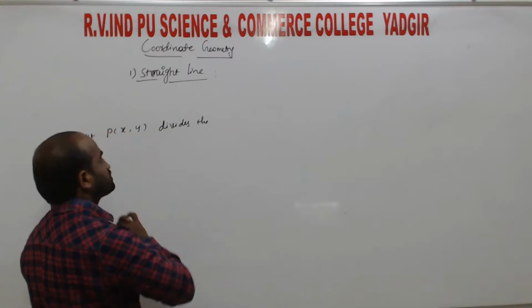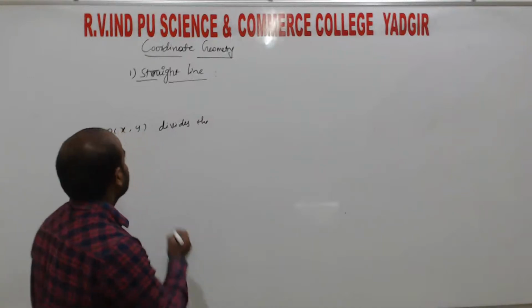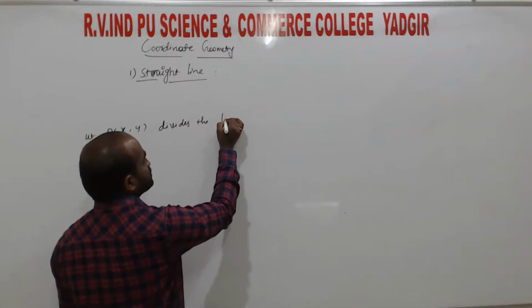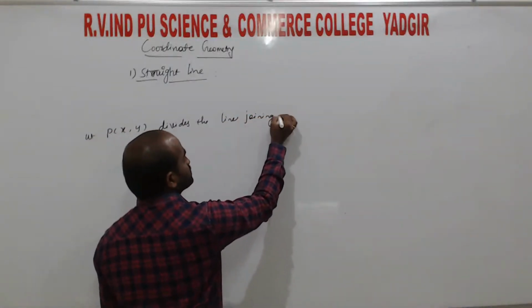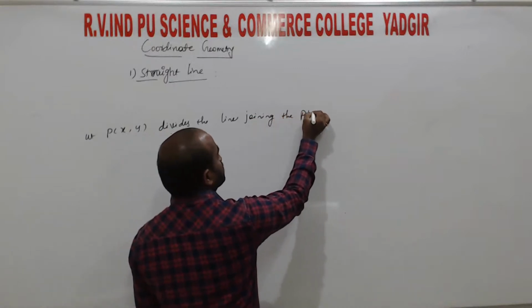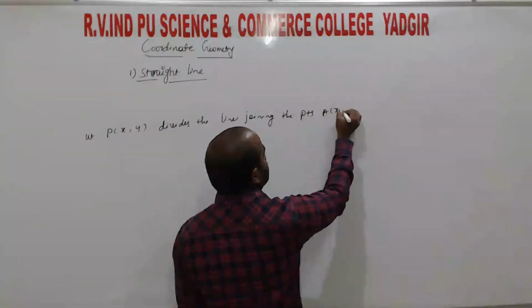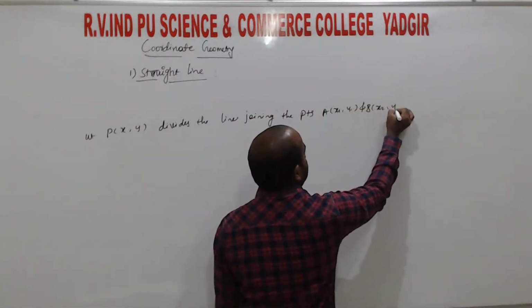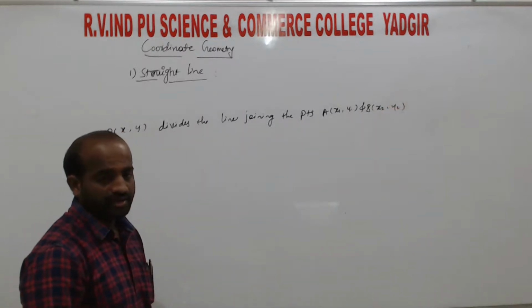Let P of x, y divide the line joining the points A of x1 y1 and B of x2 y2.